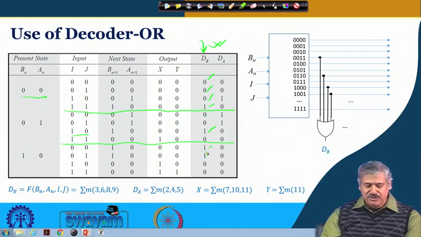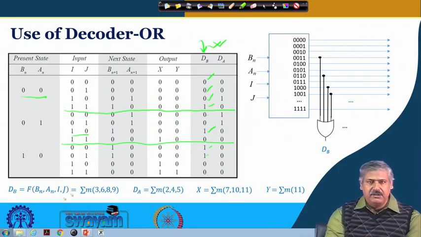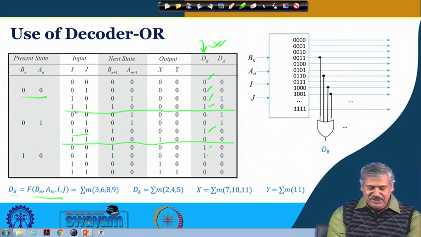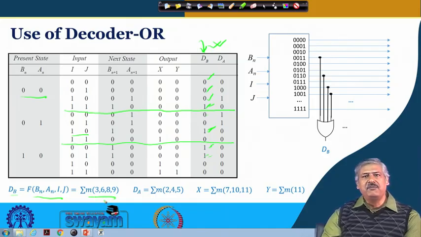So, for this particular input combination, if we write dB as a function of Bn, An, I and J, and the 16 minterms that are getting generated, these are 0 0 1 1, so 3, then this is 6, and then this is 8 and this is 9. If you just sum them up, we will get the value of dB.